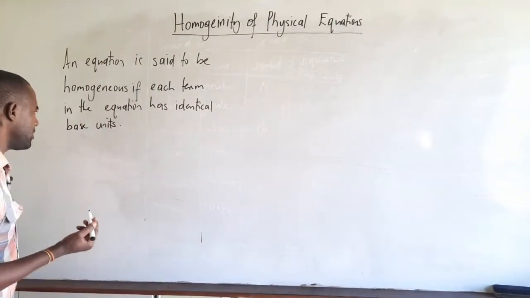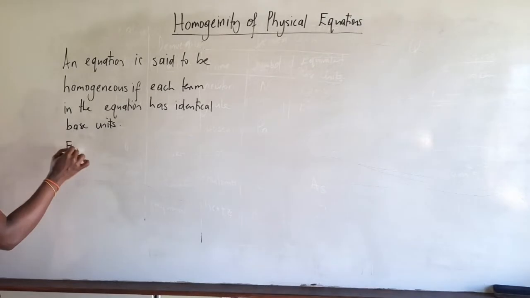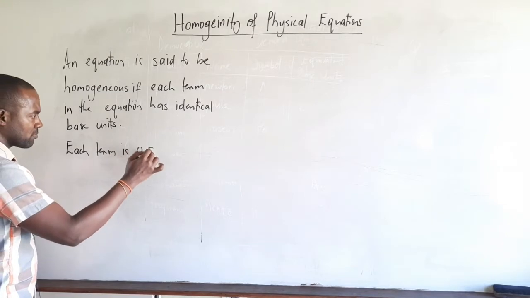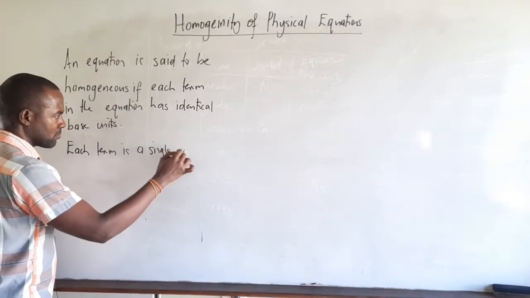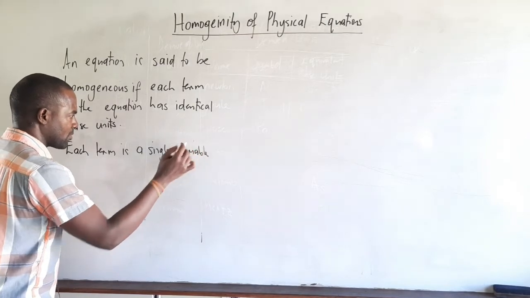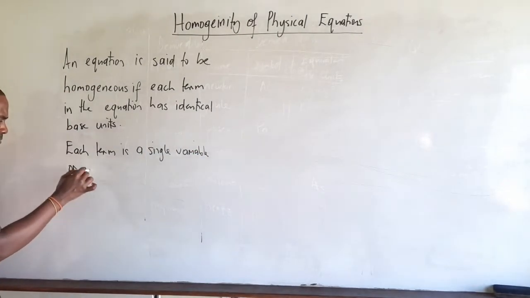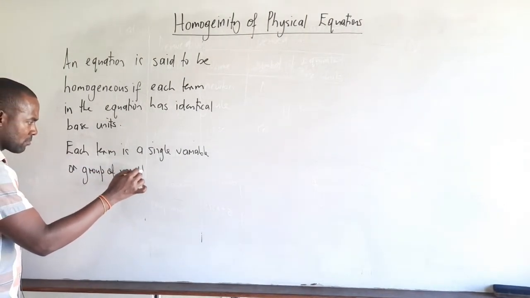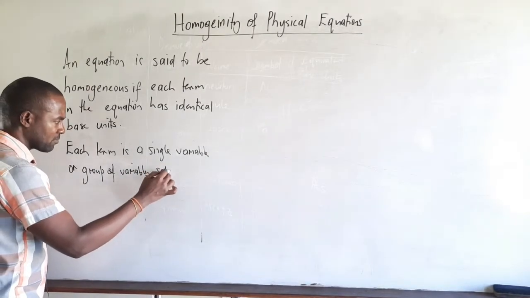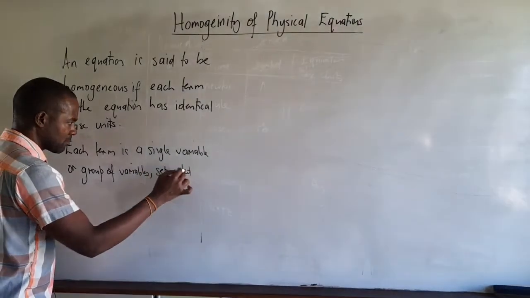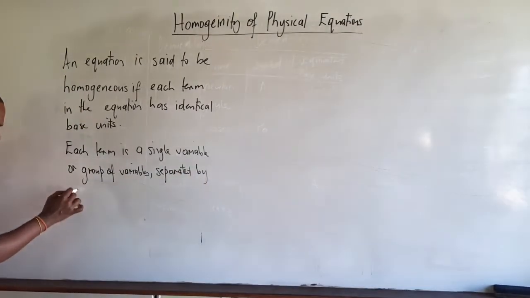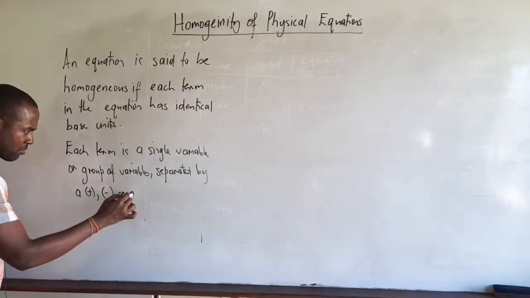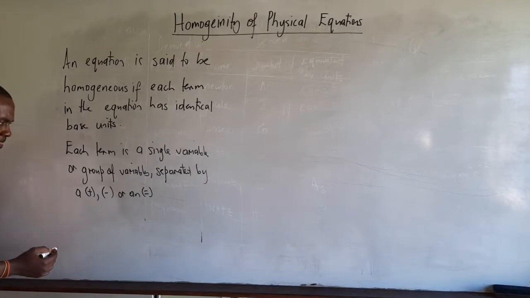Now, in an equation, basically, each term is a single variable or group of variables separated by a plus sign, a minus sign, or an equal sign, right?